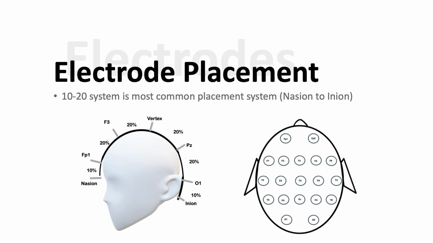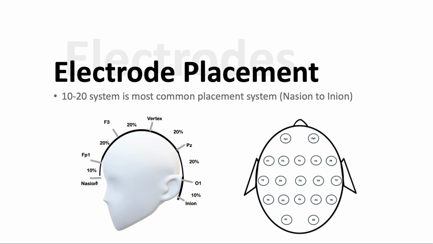Now that you understand how EEG electrodes are labeled, let's delve a bit more into how they are arranged or placed on the scalp, as this plays a big role in understanding EEG. The 10-20 system is by far and away the most common system of electrode placement. The International 10-20 system indicates the percentages of the scalp covered by electrode distances relative to the nasion and the inion.